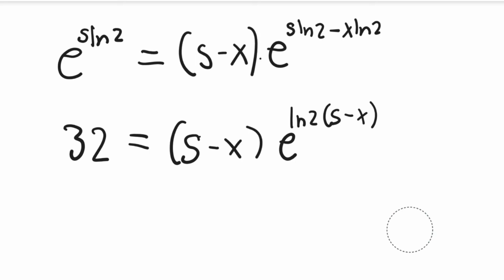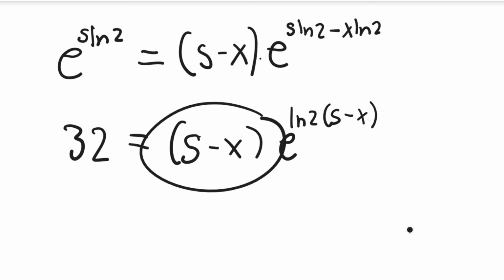But here we have natural logarithm of 2 times 5 minus x, and here we only have 5 minus x, so we are going to multiply both sides by natural logarithm of 2.